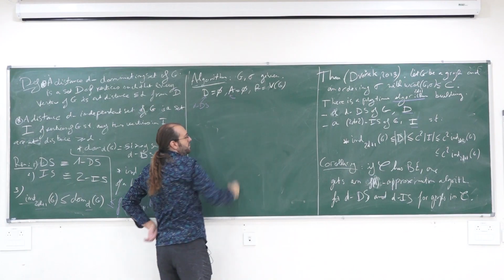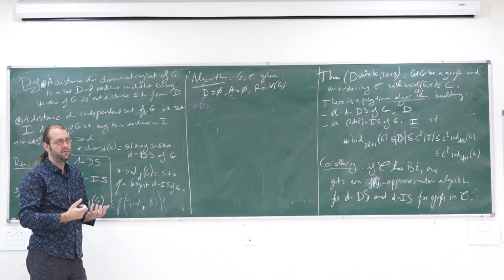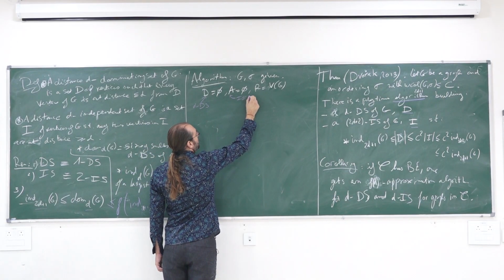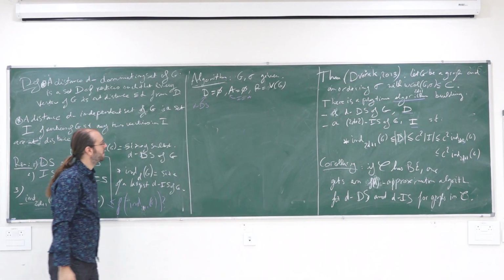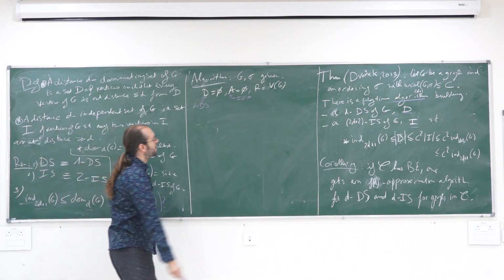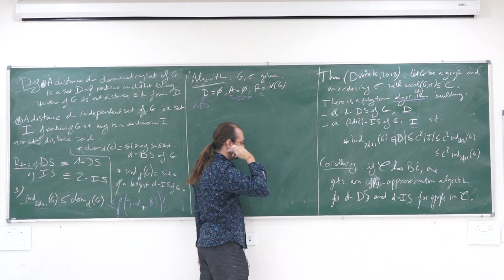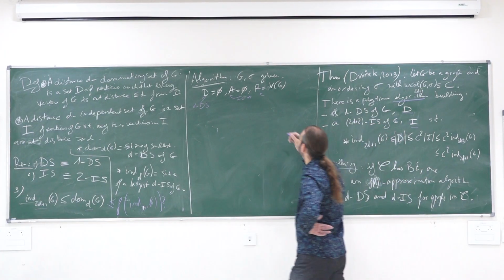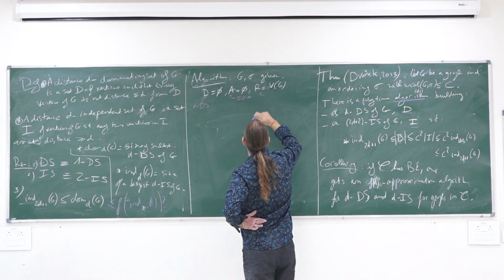This A will not be I, it will be a candidate set where we will find I inside that. And R is just a working set with the currently undominated vertices. We'll stop when this reaches the empty set.